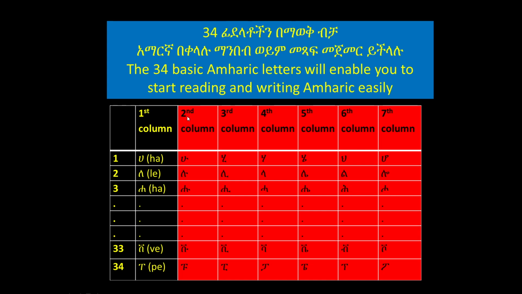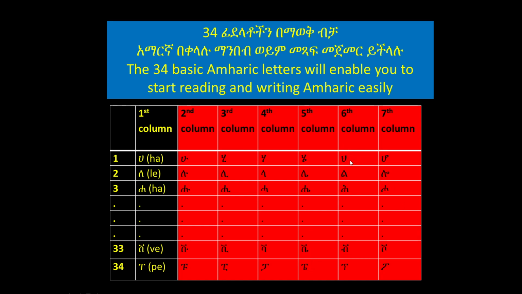In the second column, which is hu, lu, hu; in the third column, he, li, he, v, and p; in the fourth column, ha, la, ha, and so on, va, pa. In the fifth column, hey, le, hey, ve, pay.